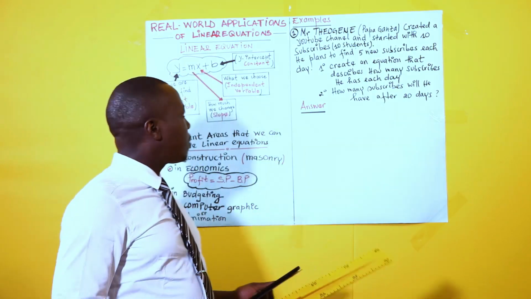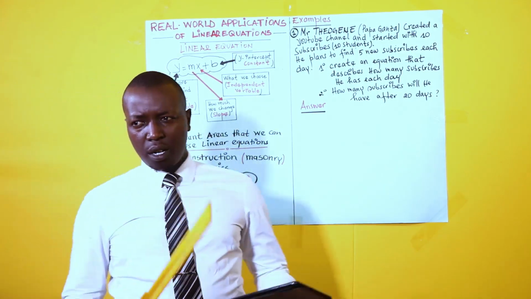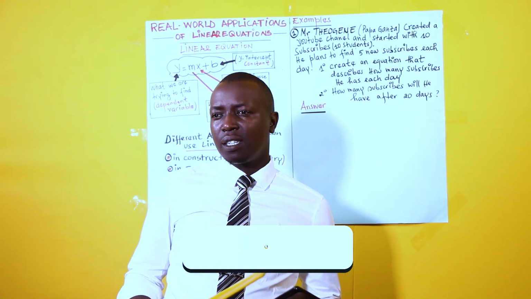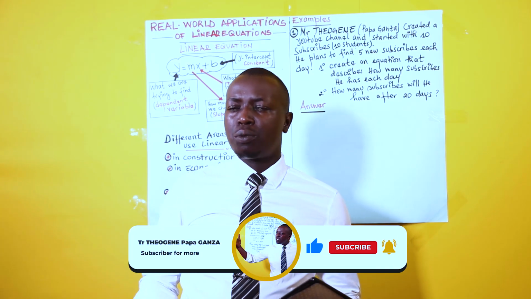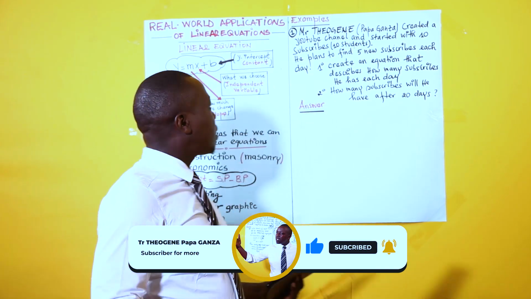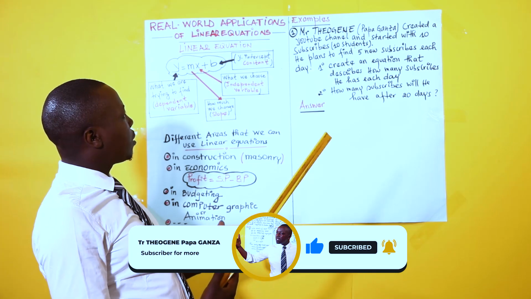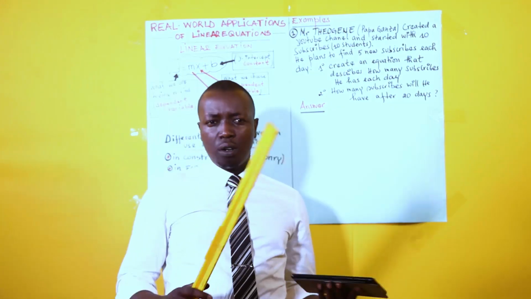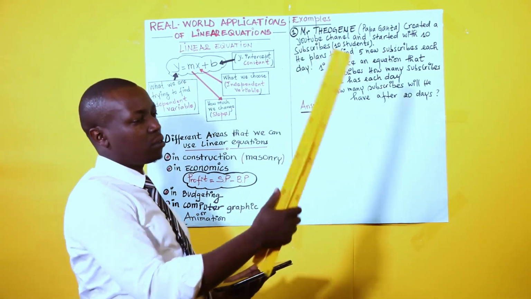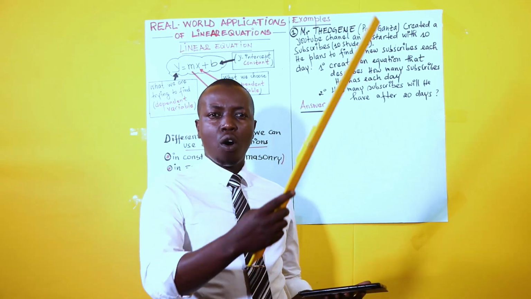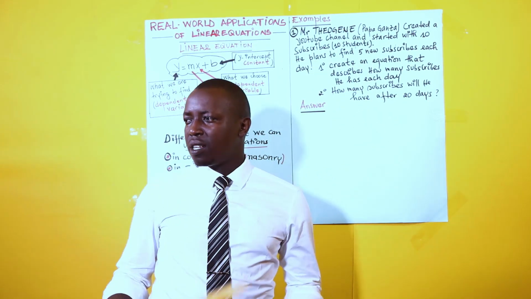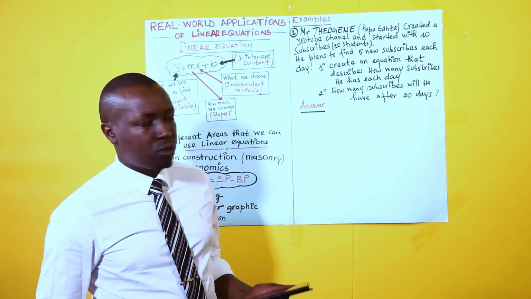An equation is a statement that the values of two expressions are equal. And that straight line can be vertical, horizontal, or oblique. An oblique line is neither vertical nor horizontal.